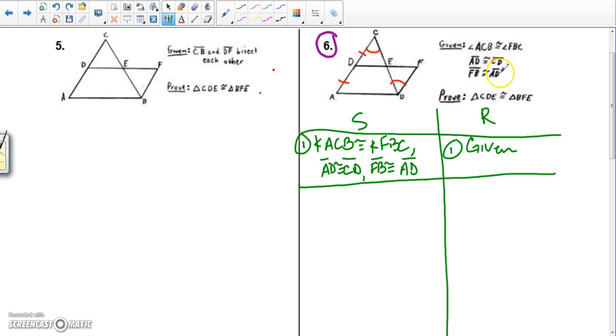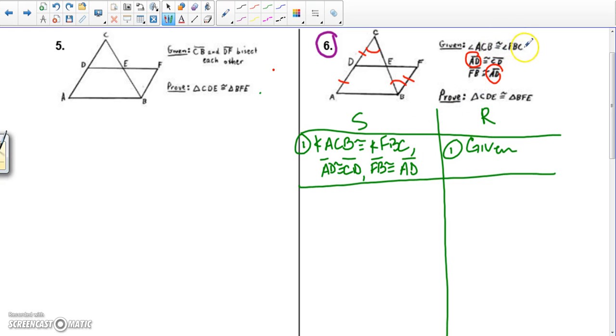So right away, I see AD shows up twice. Let's keep that in the back of our mind. So let's mark that last one in. FB congruent to AD. Now since AD already has one line of congruency, we're not going to put 2 for FB. We're going to keep those all as single congruency markers.